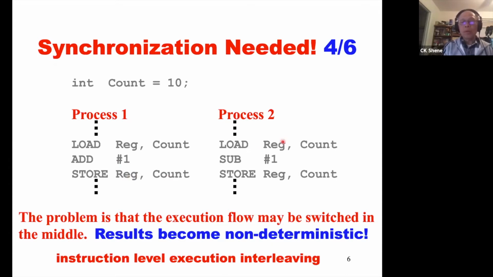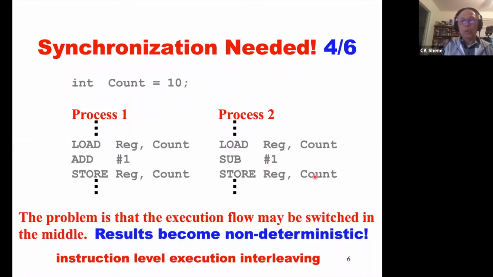What if we switch the viewpoint to process 2? Process 2 loads the value of count, which is 10, into the register. Now the register has the value 10. Then subtract 1 from it. So the register has the value 9. Then save it to count.